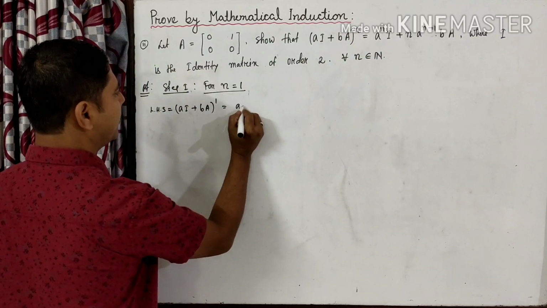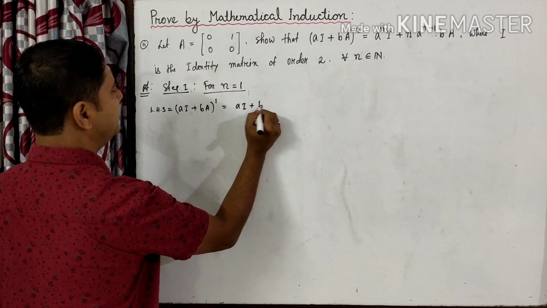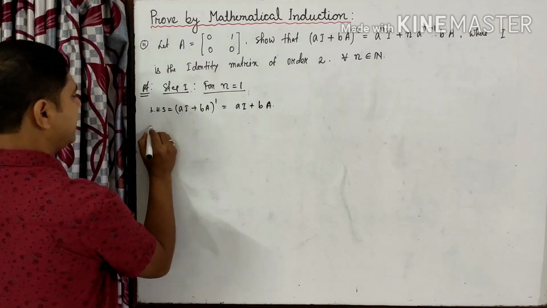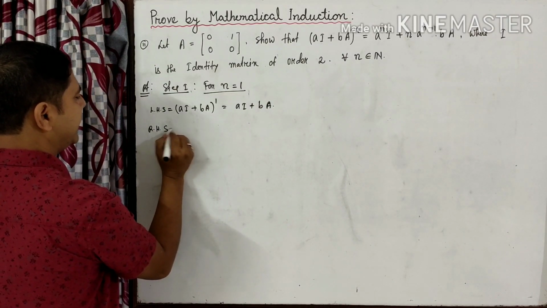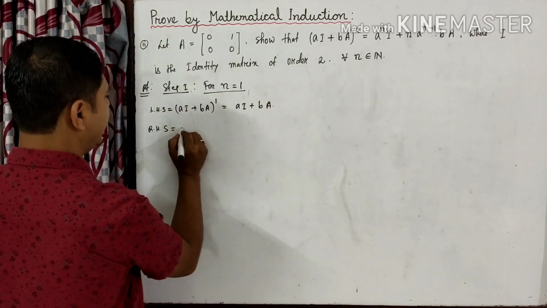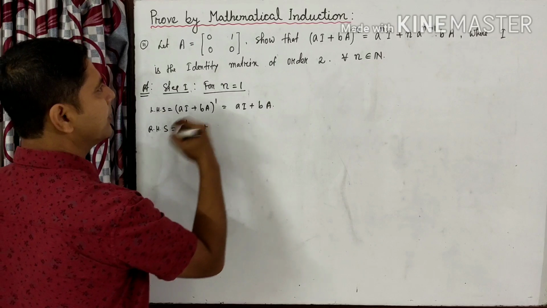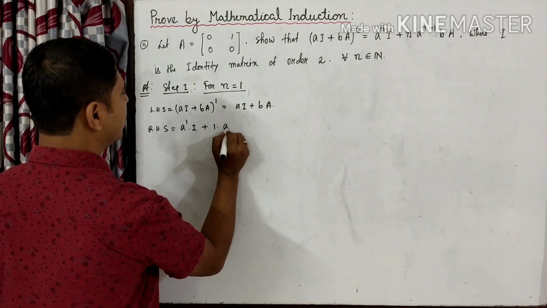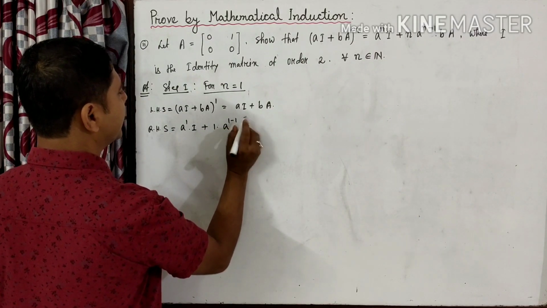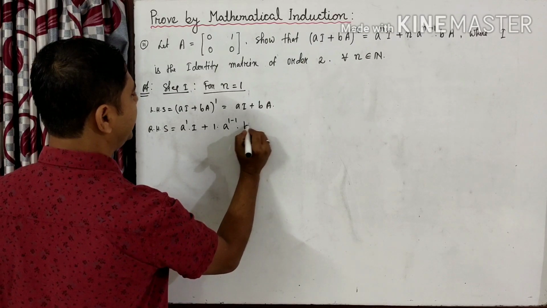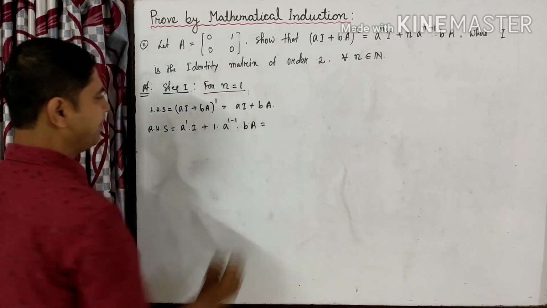So finally you have aI plus bA. Similarly, when you find the right hand side of this part, a to the power 1 into I plus 1 into a to the power 1 minus 1 into b into A.